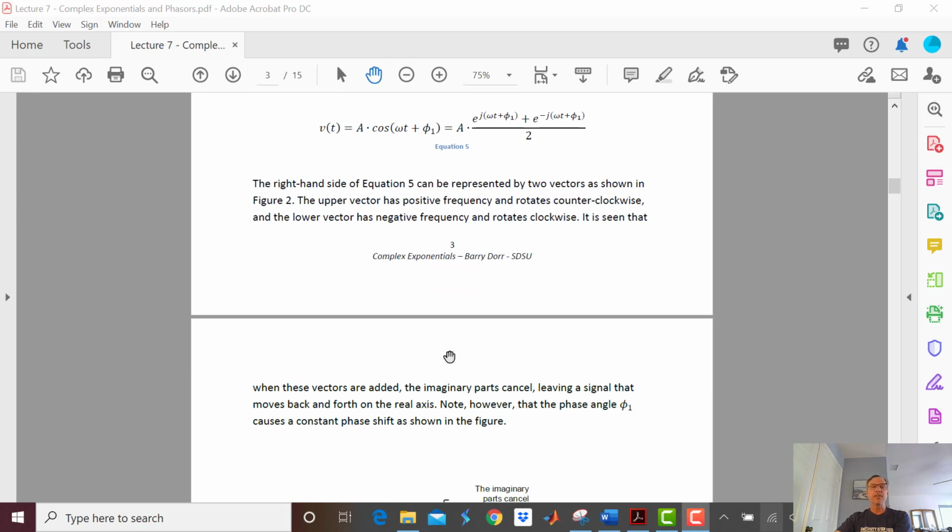And you'll see that when these vectors are added, the imaginary parts cancel, leaving a signal that moves back and forth on the real axis. And the constant phase angle, that phi 1, causes a constant phase shift. Let's look at it.